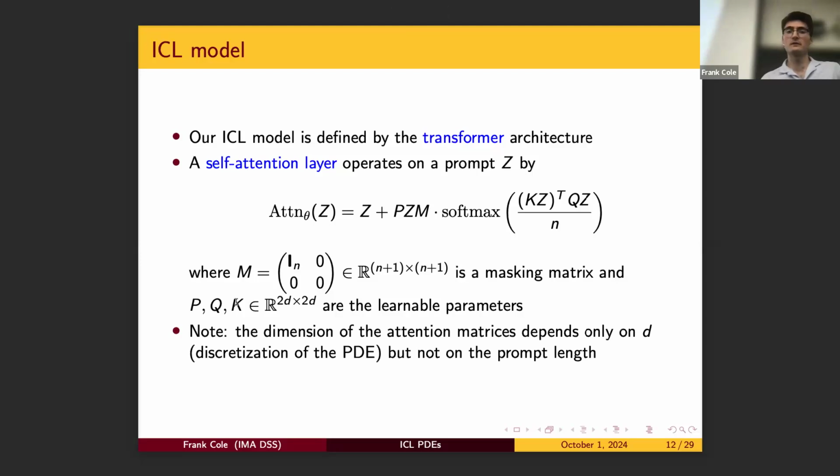And something to note is that these learnable parameters, P, K, and Q, have dimension D or 2D that depends on the spatial discretization of the PDE, but not on the sequence length. So this allows attention to operate on sequences of arbitrary length. In particular, you can have sequences of different lengths for each training example, and you can have a different number of labels in pre-training versus at inference.